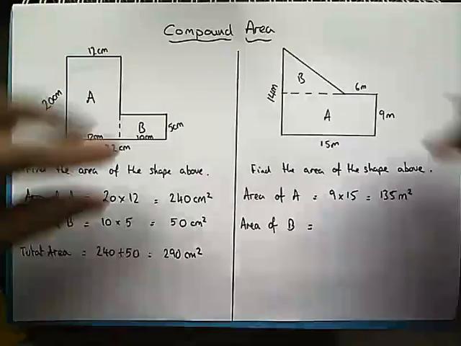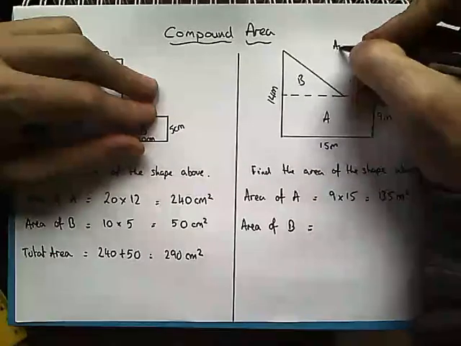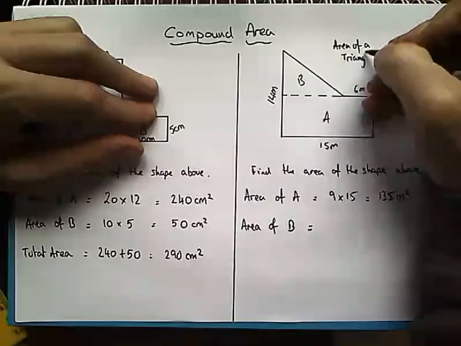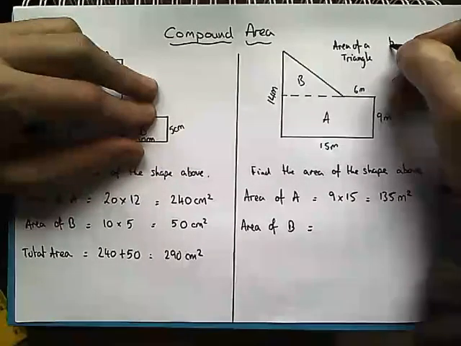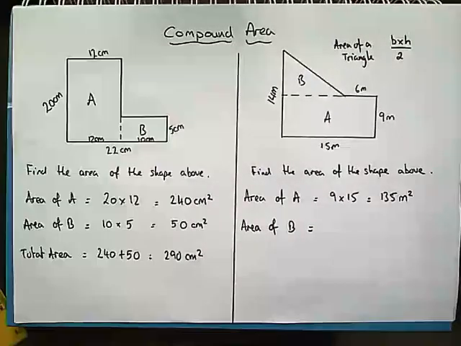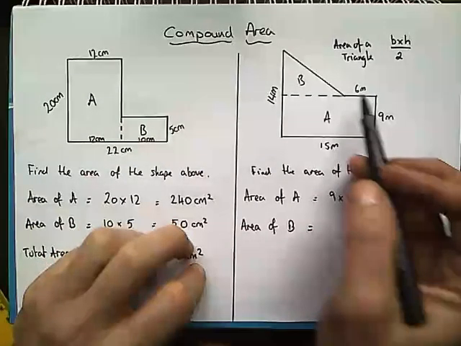So the area of a triangle, remember the formula, base times height, divide the whole thing by 2. So what we need is the base and the height of a triangle, and then we divide the product by 2. So let's see if we can work out what this base is.